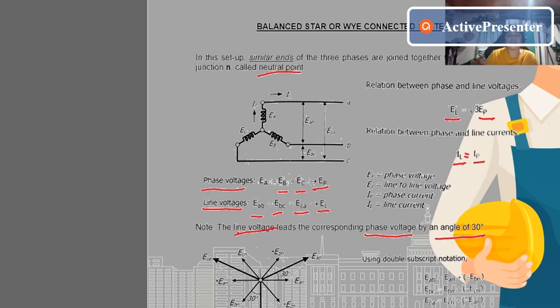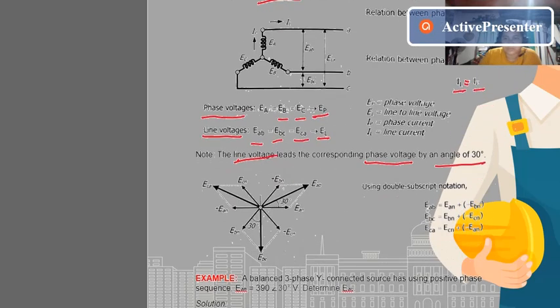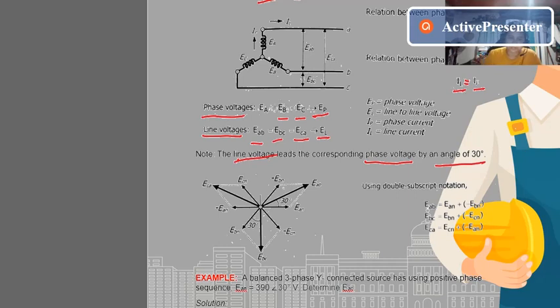So take note ta ha, sa atong three-phase nga ang line voltage is naga-lead siya og angle of 30 degrees. So makita nato dire, given nato, na siya 30 degrees. So ang EAB.